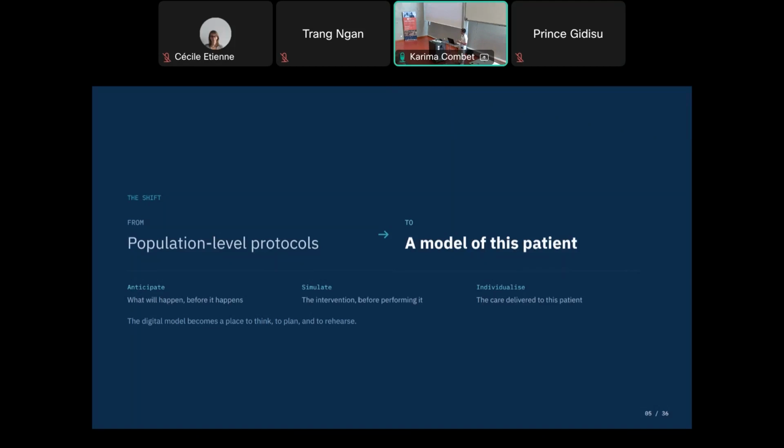Instead of applying a recipe, we can build a model of the specific patient. We can then use it to anticipate what will happen during the surgery or during the treatment, to simulate or test some procedures, to simulate the intervention before we perform it. And at the end, the goal is to individualize the care by delivering something specific to the patient. This is the promise.